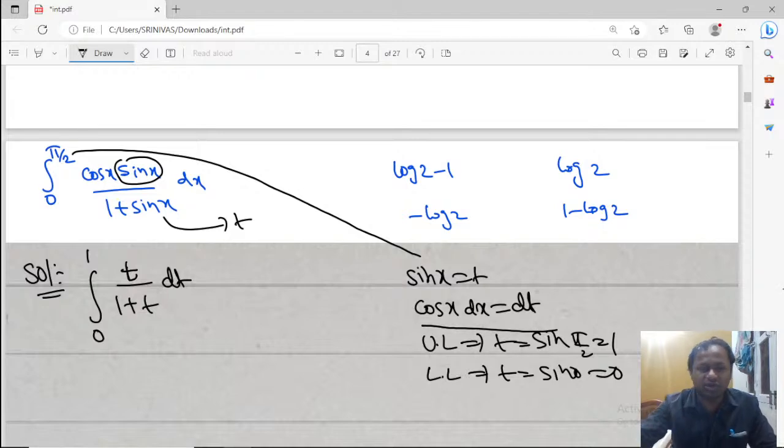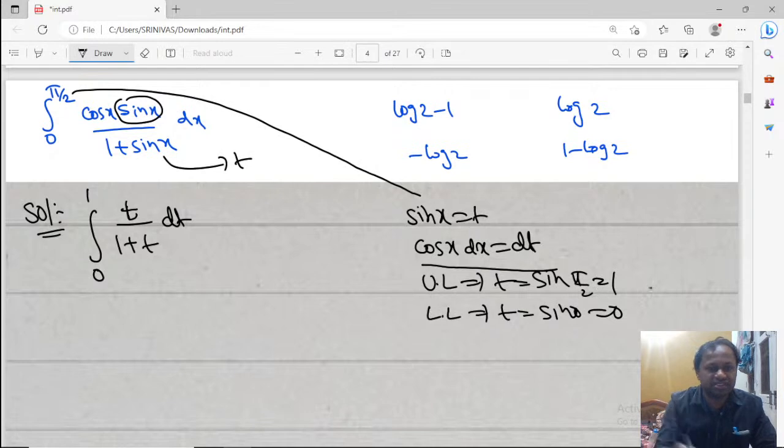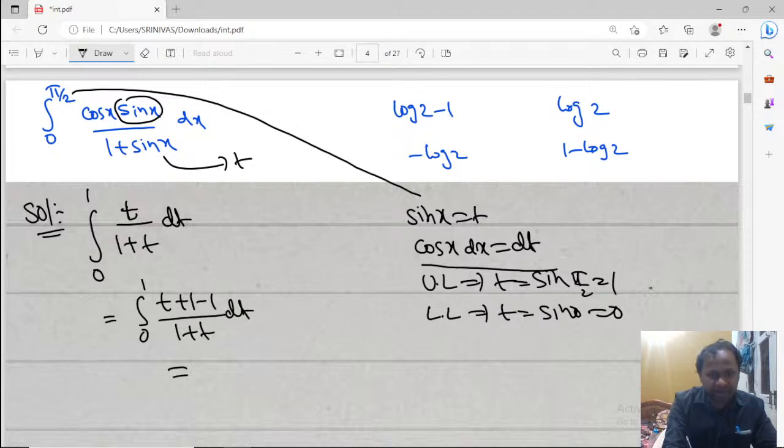Okay. So how can we find the solution for this? That is equal to integral 0 to 1. I will do t plus 1 minus 1 divided by 1 plus t dt. Now separate 0 to 1, t plus 1 divided by 1 plus t minus 0 to 1, 1 by 1 plus t dt.